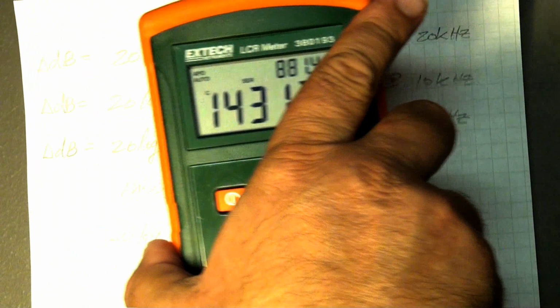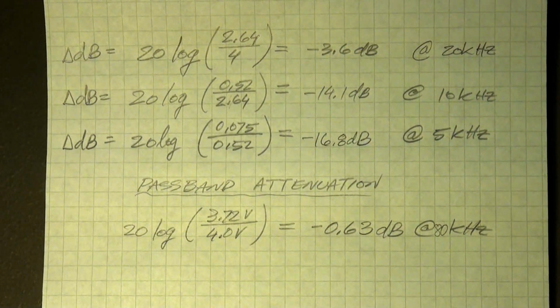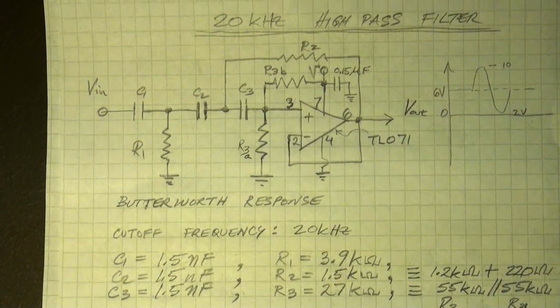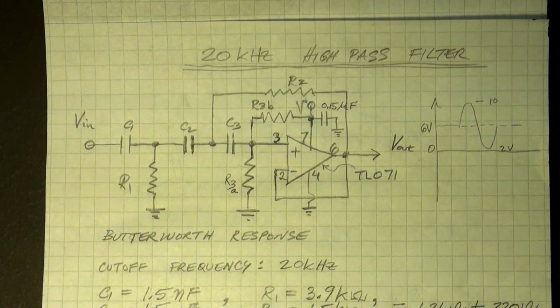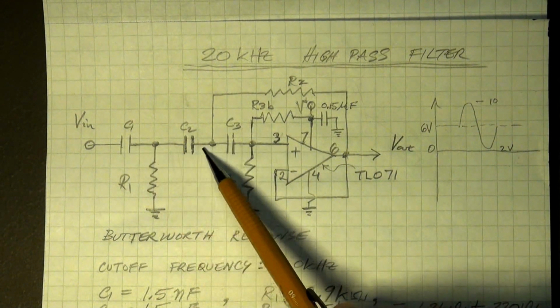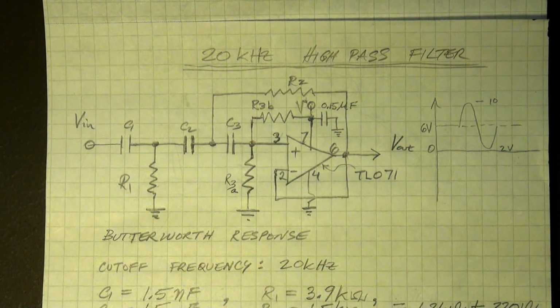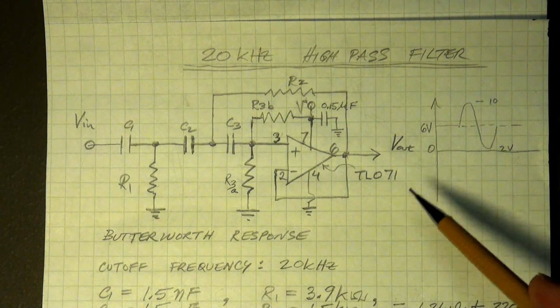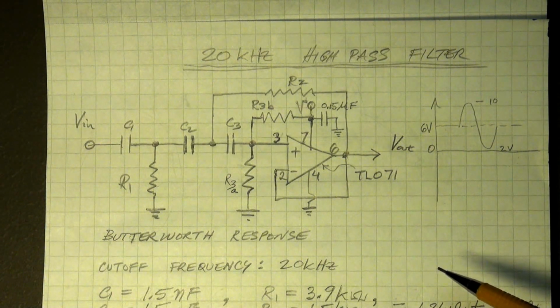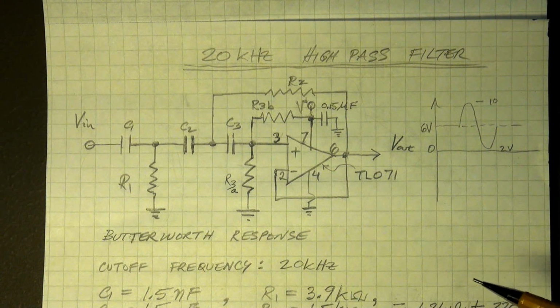We need to reanalyze this circuit at the passband gain if we were to replace these capacitors at passband with 880, 900 ohm resistors and see what we get as far as an output to input ratio, which I might do in the next video, if I have time.